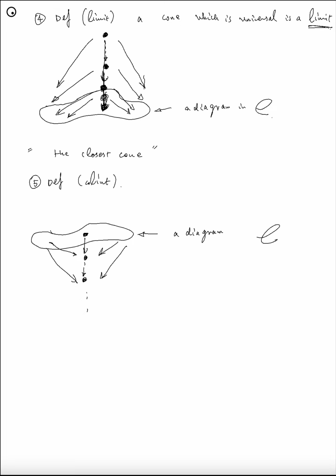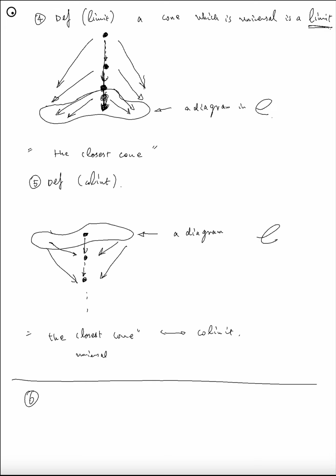Right, and then the closest one is the closest cocone. The universal cocone corresponds to a colimit. Okay, very intuitively, of course, very quickly talking about those things. And then not yet finished.